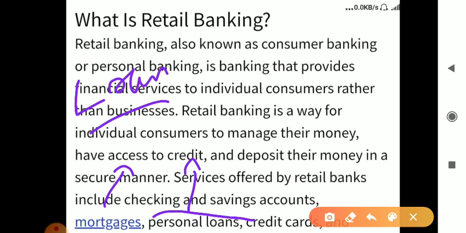We'll discuss in the upcoming videos how we need to finance loans and the factors involved. So personal loans and credit cards are facilities, along with housing loans. All these, personal loans, mortgage loans and credit cards, are facilities given to retail customers, right?